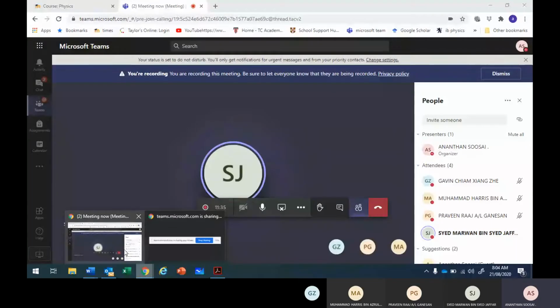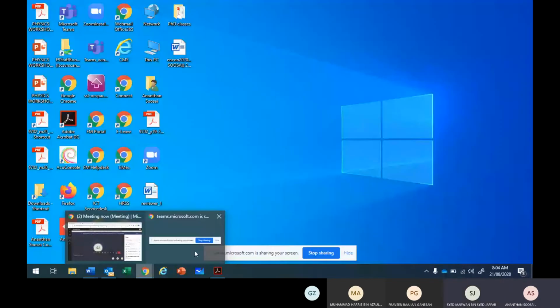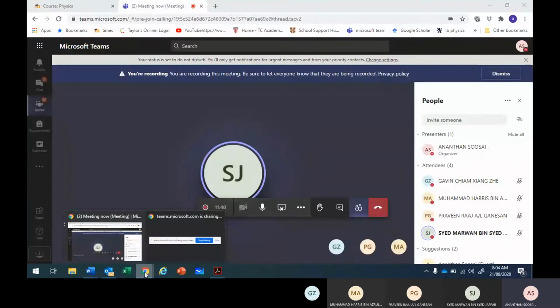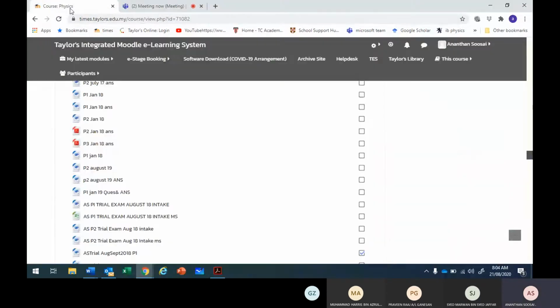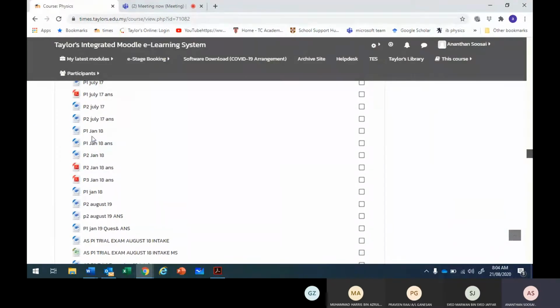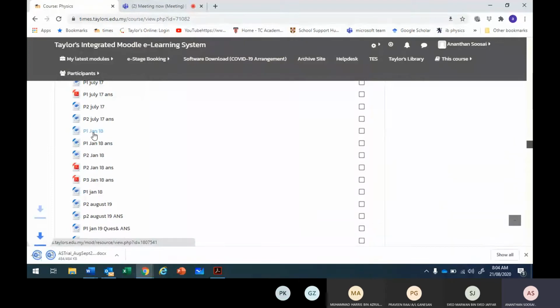Okay, we continue with the trial paper. I think we are almost at paper 1 Gen 18, the one on top. I think we did halfway the day.